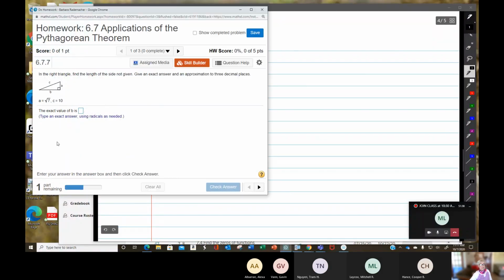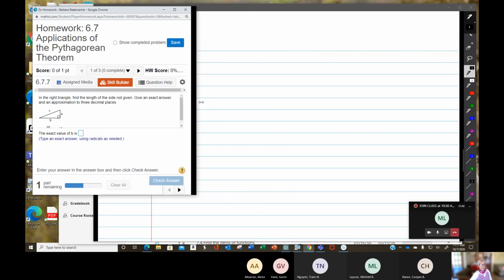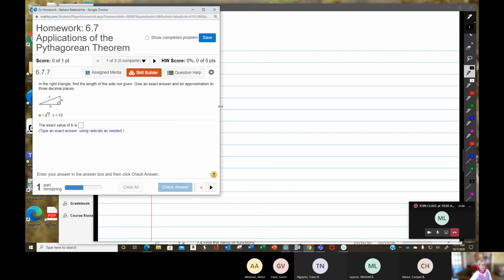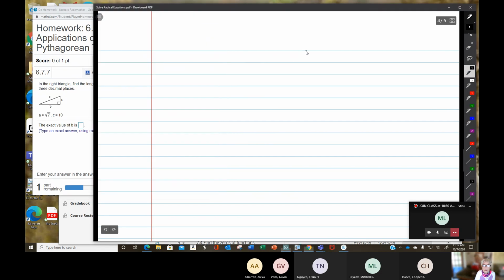Okay. So here I have a triangle. Looking at the triangle, a right triangle, find the length of the side not given. Okay, so what they have is a triangle. Pretend it's a right triangle, that is, pretend this is a straight side.